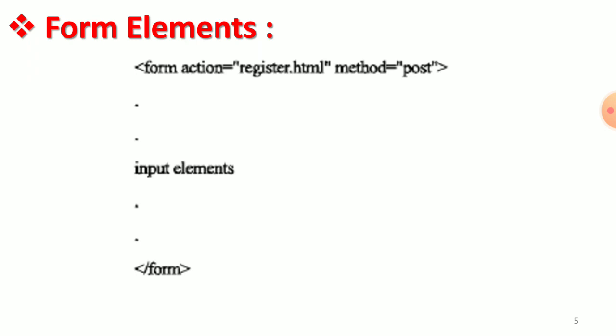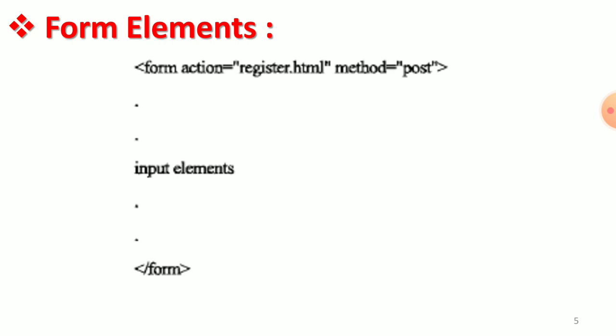The action attribute is used to specify where to send the form data when the form is submitted. It takes a file name as a value. This file is opened when the user clicks on the submit button after filling the data in the form.